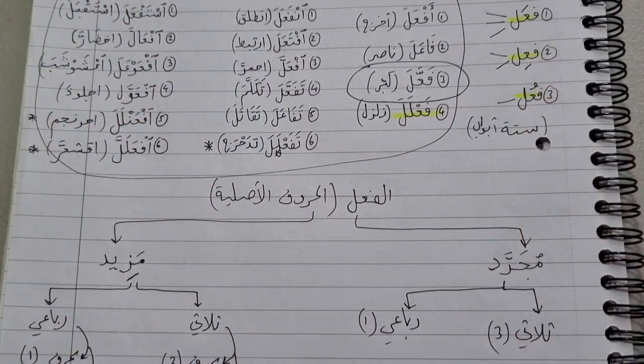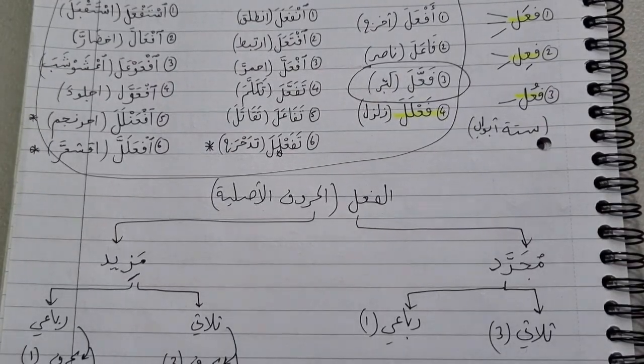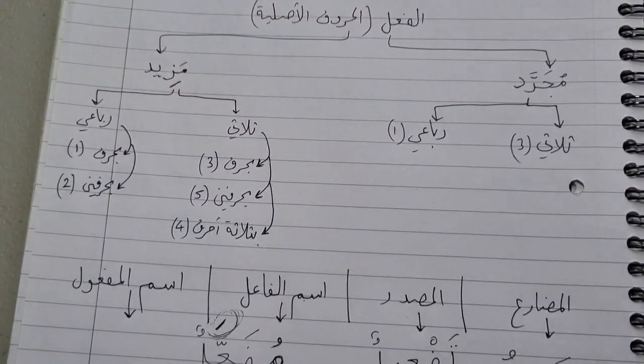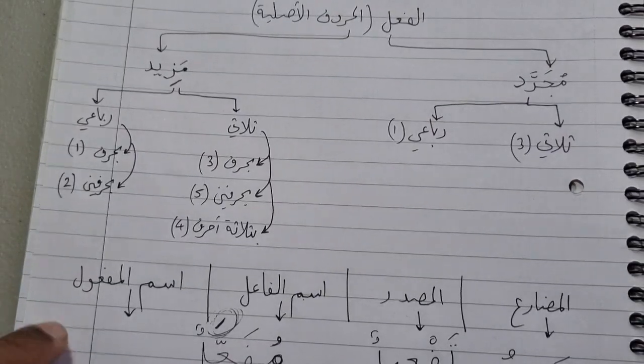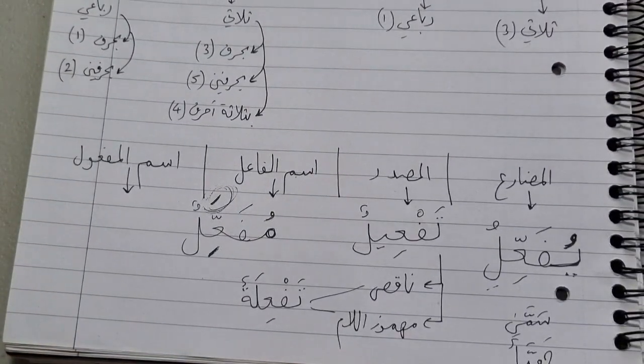Whereas with the thulathi, we said we have to put it on maf'ilun or maf'alun, right? Masjidun, or mal'abun, for example. Maf'ilun, maf'alun. But with these ones, we have to use the ismul maf'ul. The same scale is going to be used for creating the ismul zaman and ismul makan.